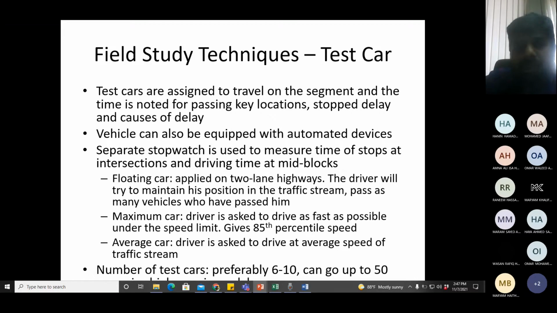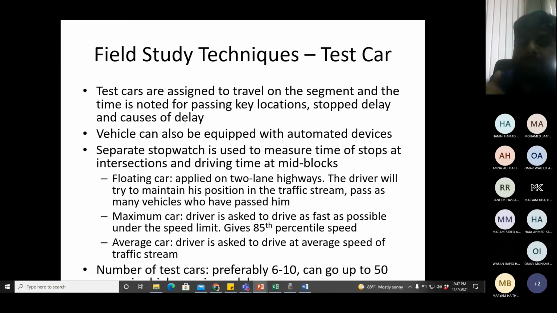On those freeways, where you don't have any intersections, signals, or roundabouts, the limit can go up to 50 cars, but still there's a limit. Even for freeways, it's not unlimited test cars. It can go up to 50, but 10 is the most common limit which you can apply to all the types of highways.